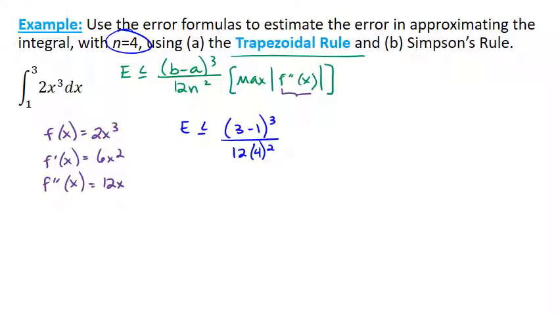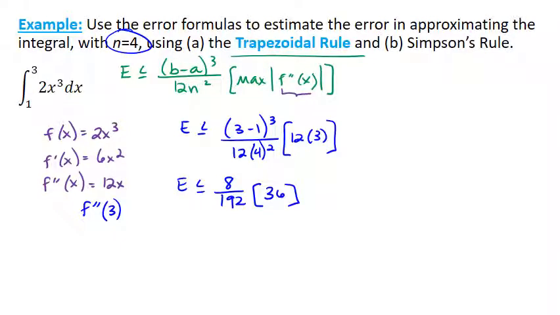Well, that will occur when x is 3, the biggest value on the interval. So I'm going to multiply this by f double prime of 3, which is found by taking 12 times 3. So E is less than or equal to 8 over 192 times 36.